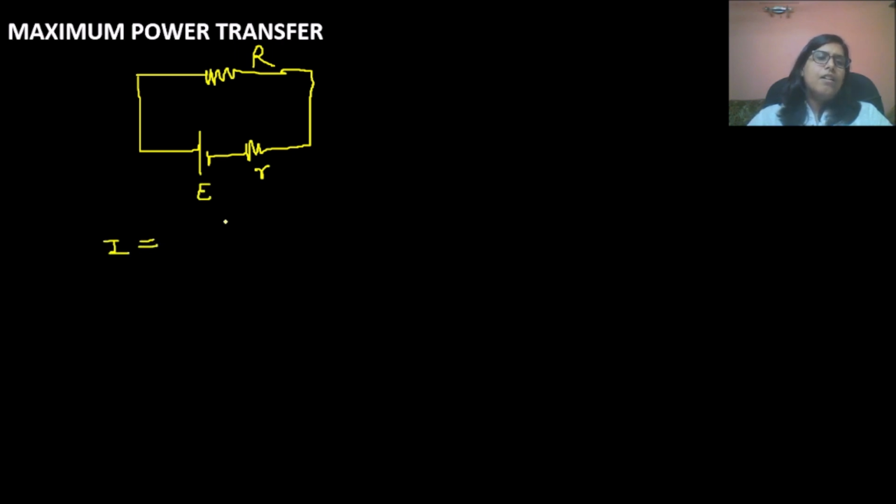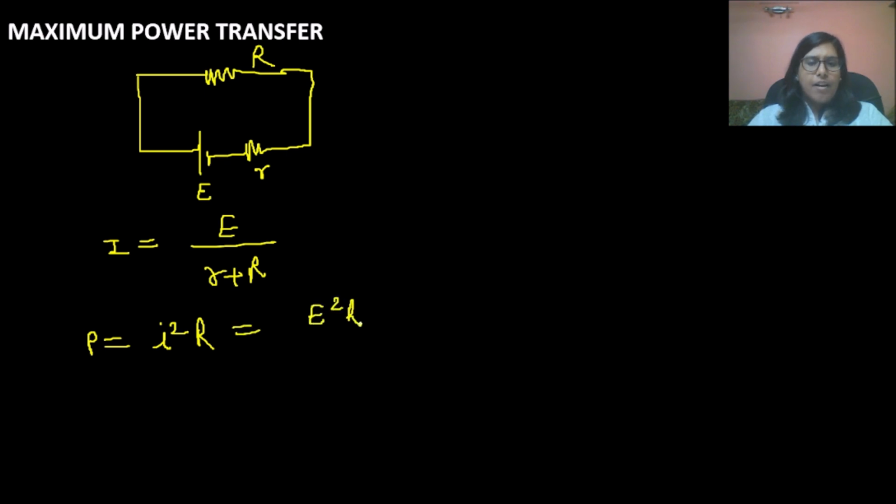Current will be E upon R plus r. And what is the power in this external resistance? Power consumed by this resistance will be I square into R. This will become E square R upon R plus r whole square.